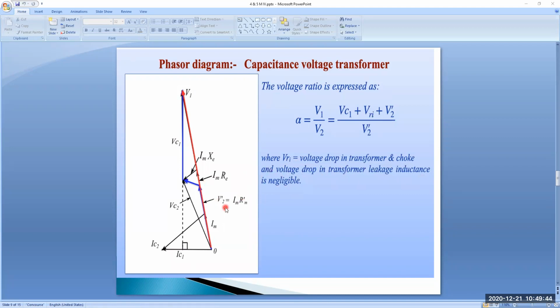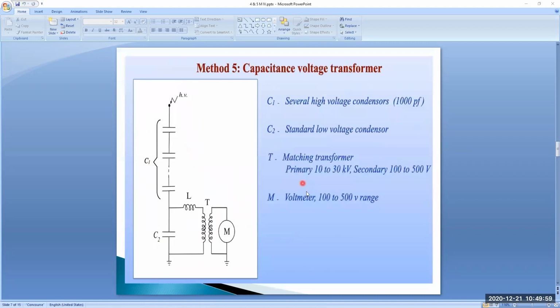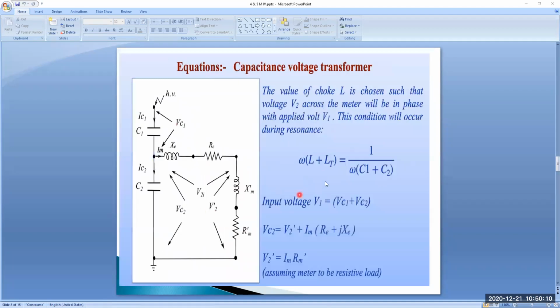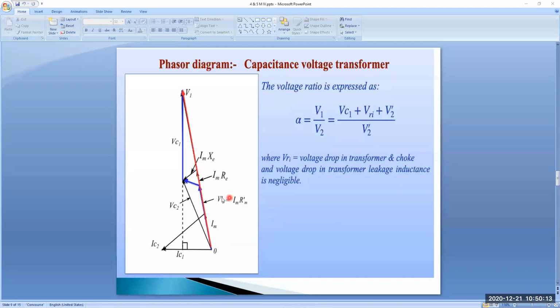So the total voltage V1, the red one, is VC1 plus VC2. VC2 is equal to V2 dash plus IM into RE, so it is the addition of these voltages.